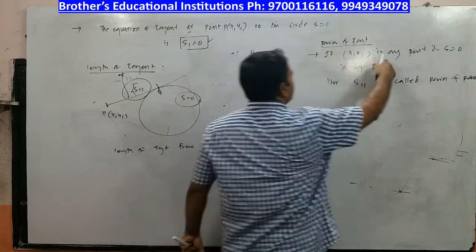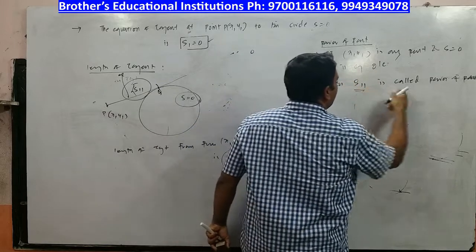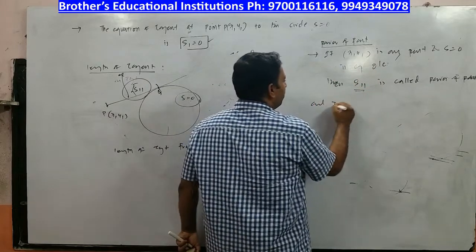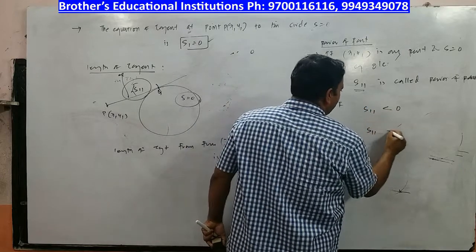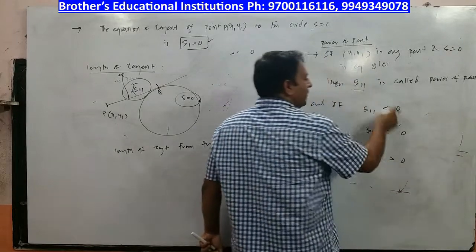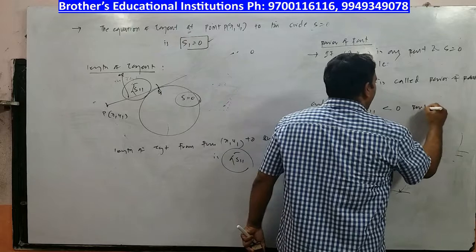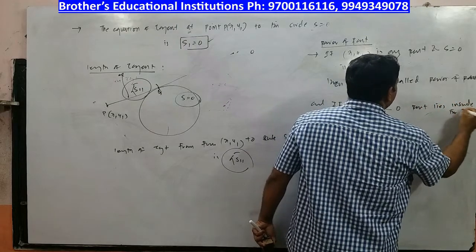So I write, if x1, y1 is any point and S = 0 is the equation of the circle, then S11 is called power of the point. If S11 is less than 0, the point lies inside the circle.